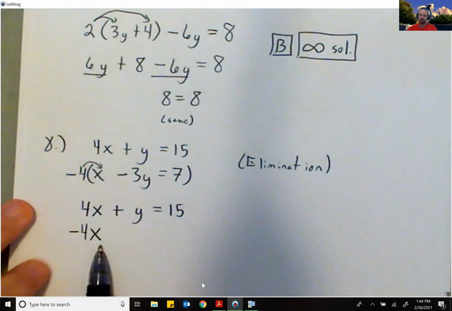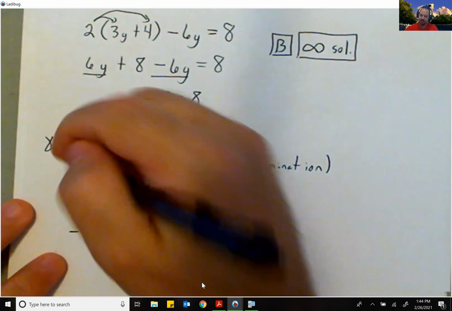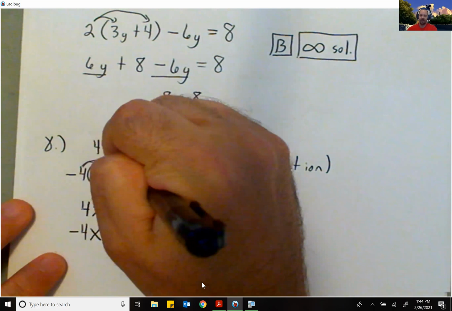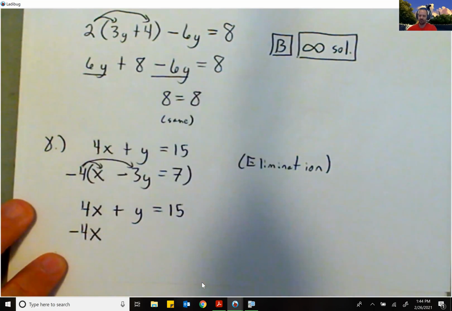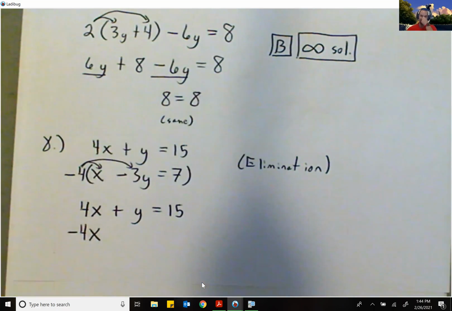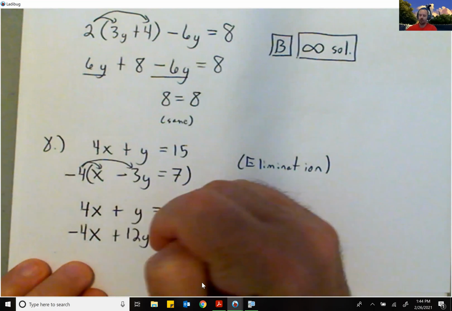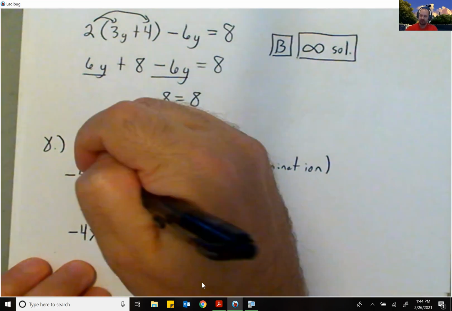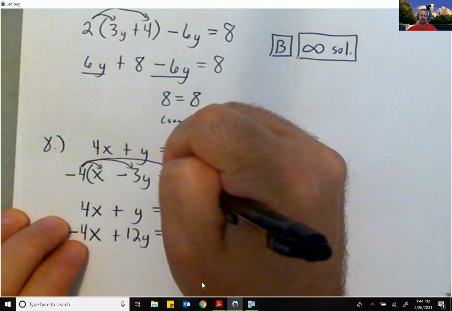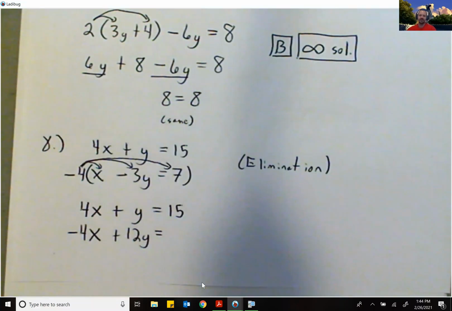We're going to take -4 times -3y, which what does that give us? Positive 12y. Positive 12y equal to, and we're going to take -4 times the 7. What does that give us? -28.